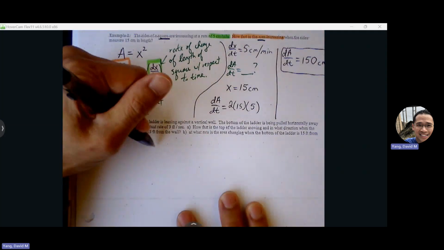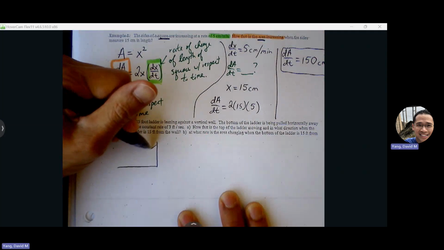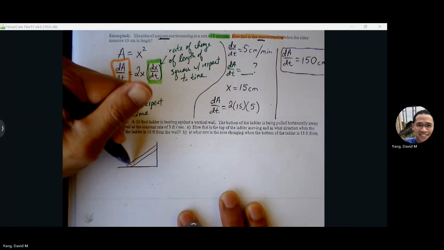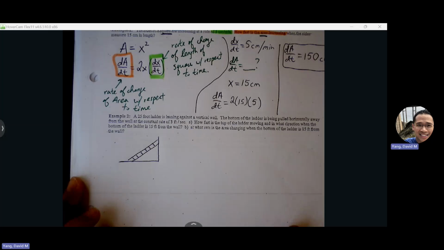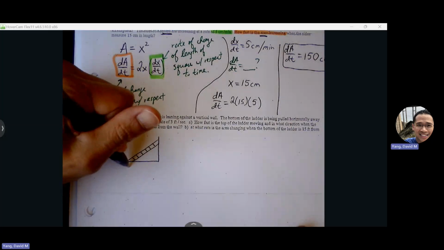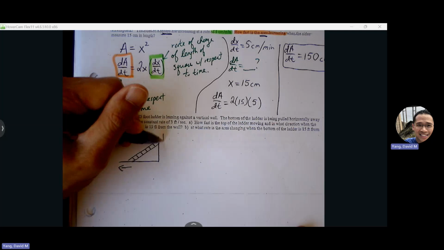So go ahead and we're going to draw our diagram. We have a ladder leaning up against the wall, and the ladder is getting pulled horizontally away, which means that it's dropping down as well.